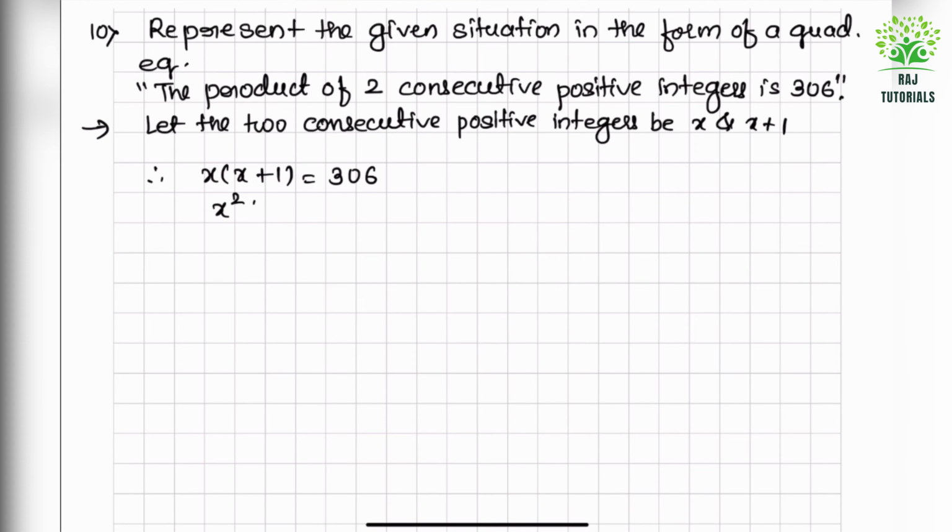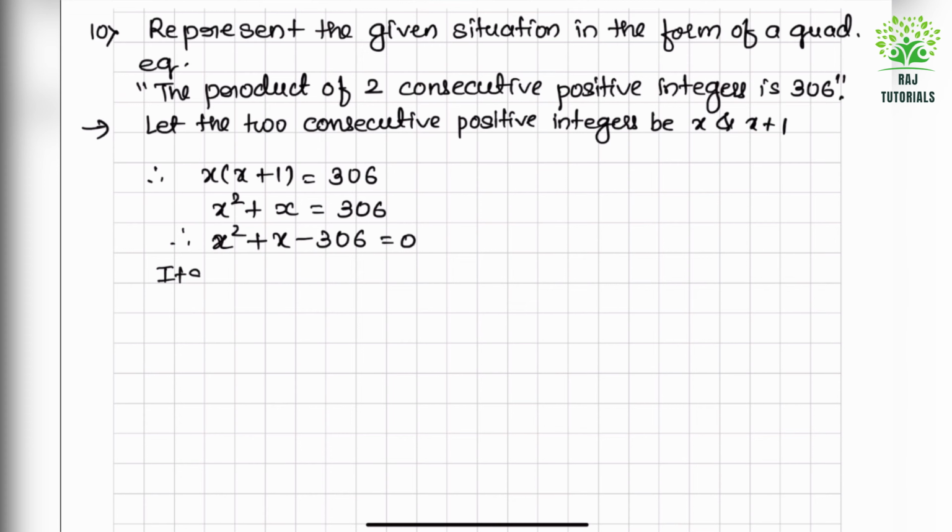So if I multiply, I will get x square plus x equal to 306. Therefore, x square plus x minus 306 equal to 0.